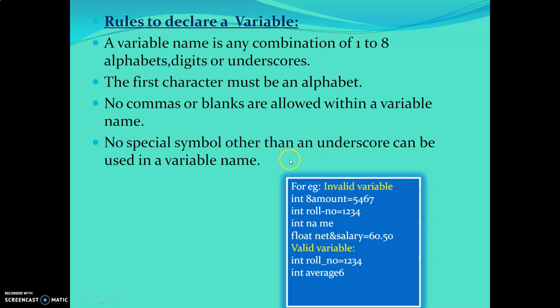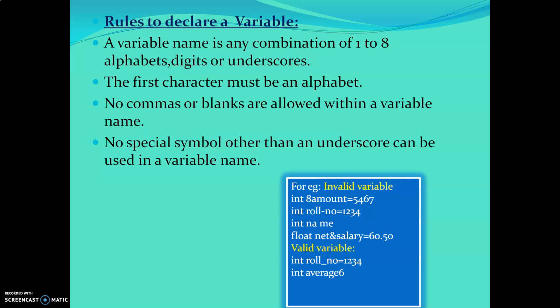Let us see some examples of invalid and valid variables. The first example, int 8amount is equal to 5467. Here int means integer data type, 8amount is a variable, 5467 is a value. So here 8amount is an invalid variable because the starting position of this variable is a numeric.